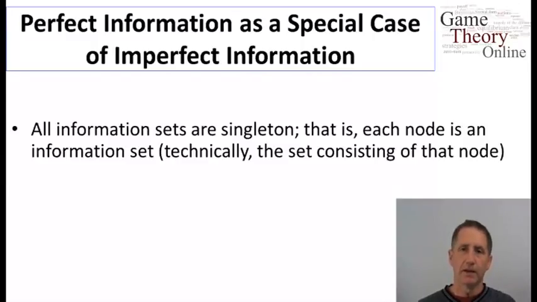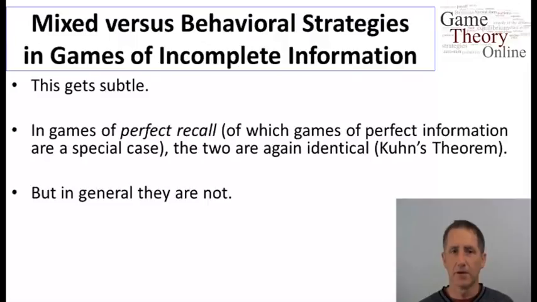The final thing to note about games of imperfect information is a subtlety having to do with behavioral strategies and the distinction from mixed strategies. We already saw that in games of perfect information, the two capture the same set of games.